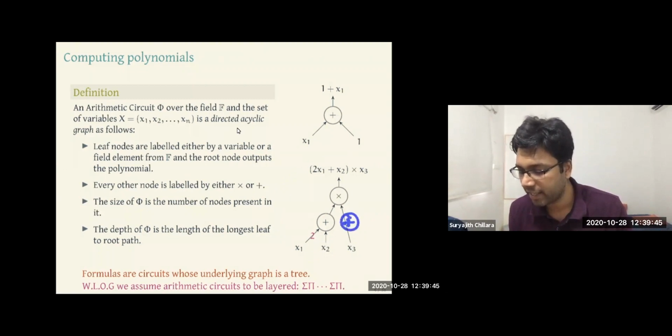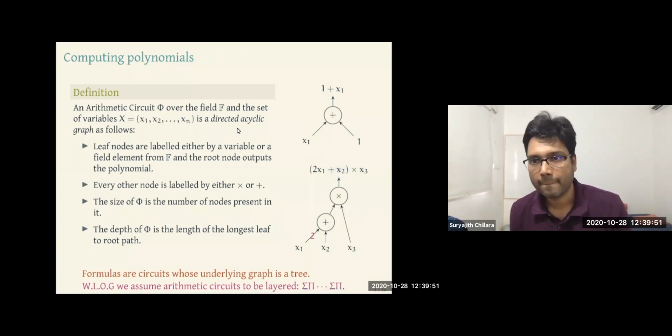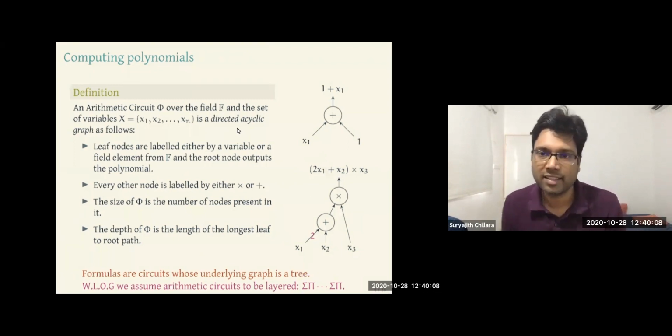I can add an addition gate here, and then a dummy addition gate here to bring it into this format. This conversion does not require too much of a size blow up. So without loss of generality, we can assume that the circuits we talk about from now on are layered. We also assume, for the sake of notation, that the output node is also a sum gate. It's not necessary, but that's something people do.